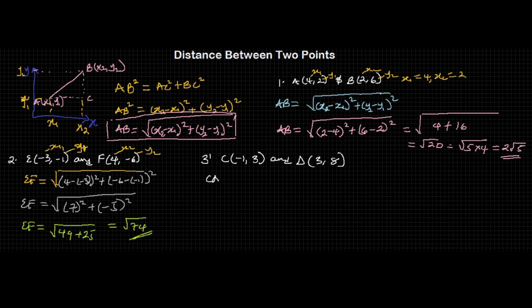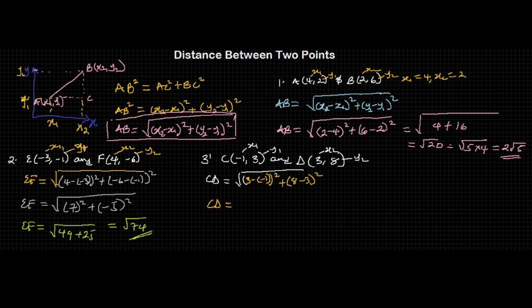That means CD is going to be equal to square root of, this is your x2 and this your x1, this your y2 and this your y1. So we are going to have x2 minus x1, which is 3 minus (-1), all squared, plus y2 minus y1, which is 8 minus 3 squared.